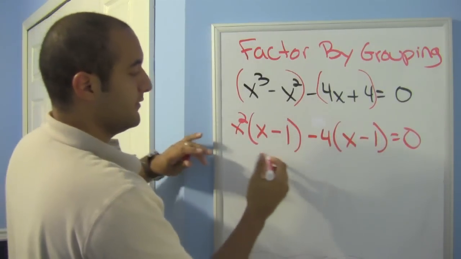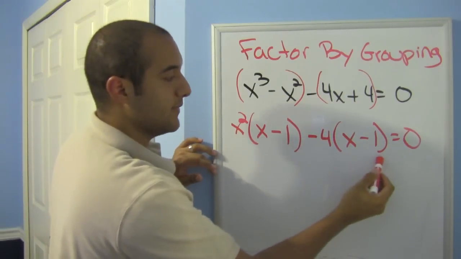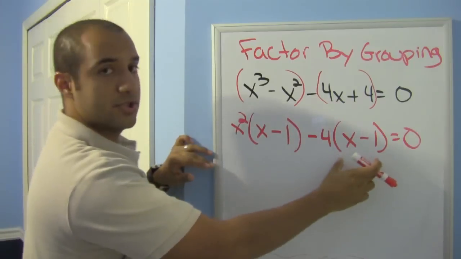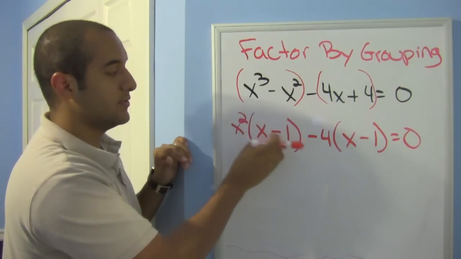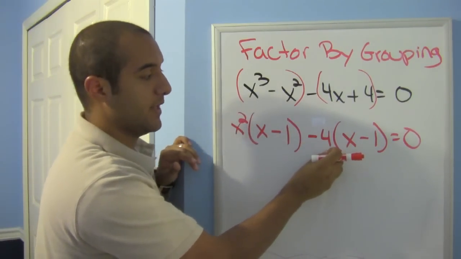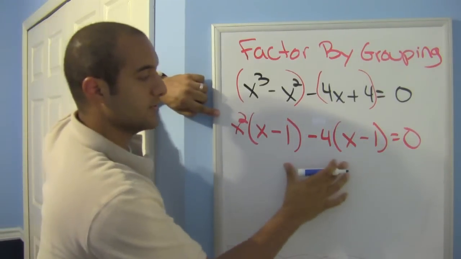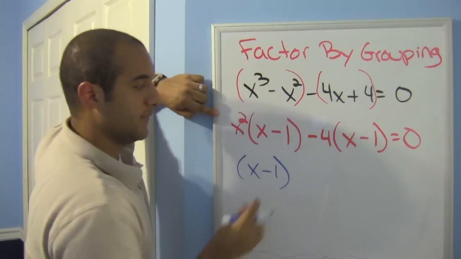Now notice what I have. I have x minus 1 and x minus 1. Now it looks long, but they still share this factor in common, so I can take it out, just like I previously took out the x squared and that 4. So let's do that. So now it looks like this. X minus 1.